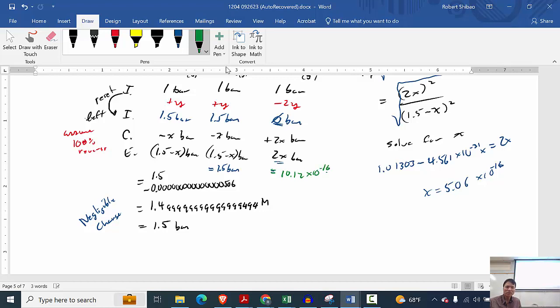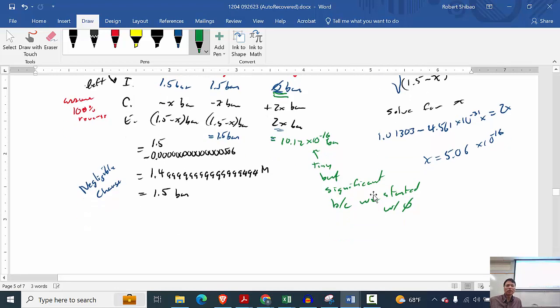Even though this is such a small number, this is tiny, but significant, because we started with nothing, because we started with 0. All right, let's double check the calculation here.